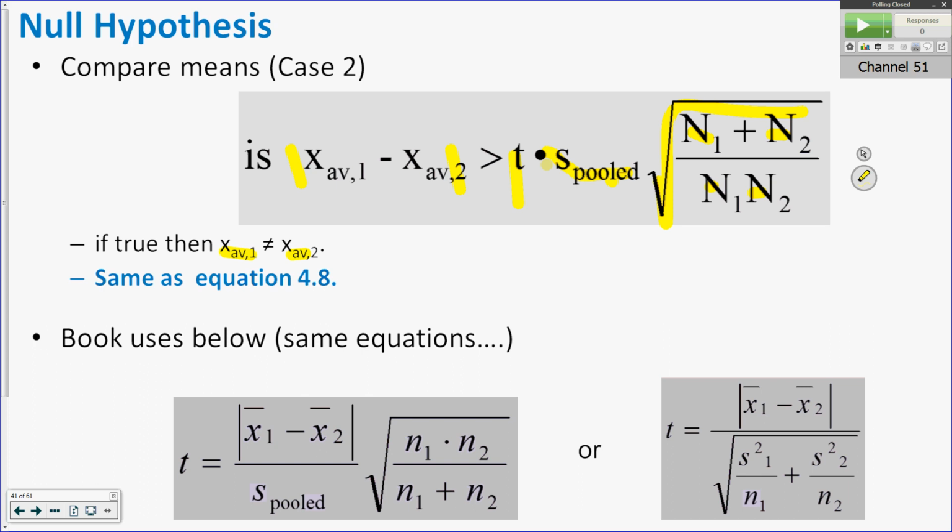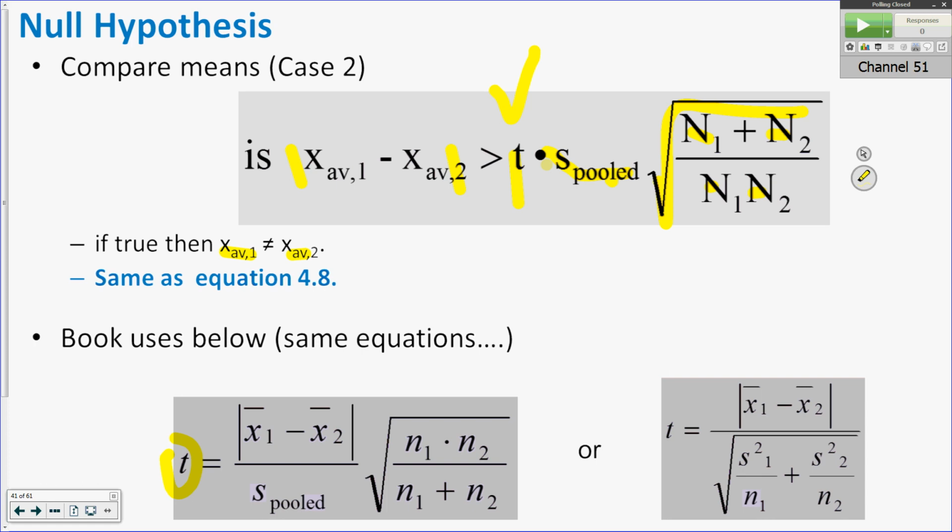Okay? Again, the book does this differently. The book's approach is you're going to solve for a calculated t-value. So they rearrange this entire equation for t. So this variable is what they go after, and they want you to compare the t in the table versus the t in the calculator. Now, it's doing the same thing, you're just using the same table for t.